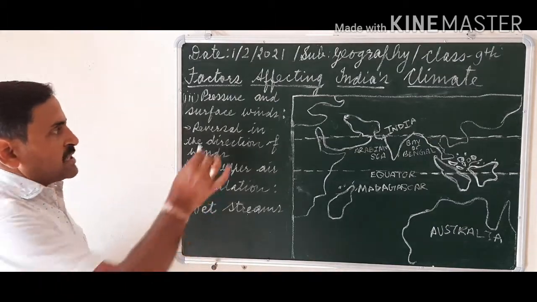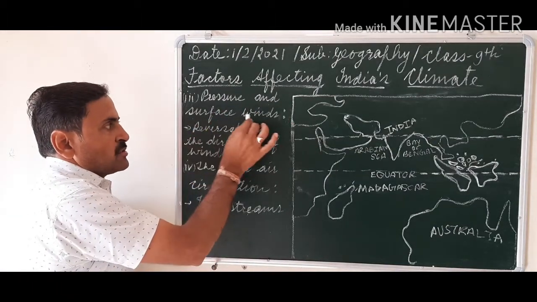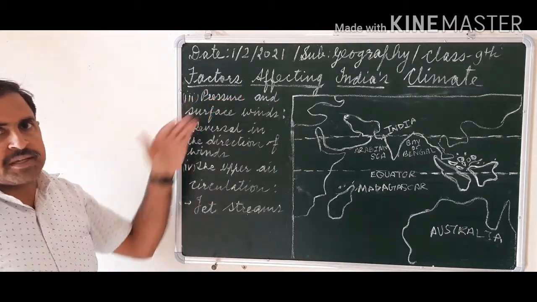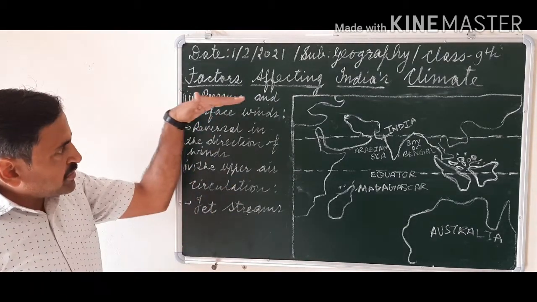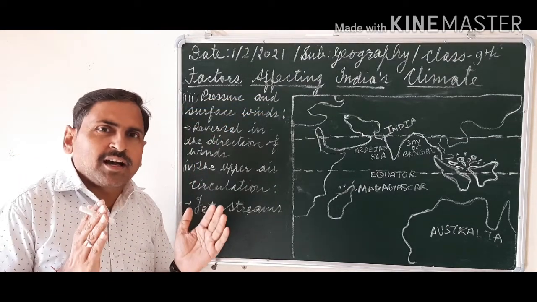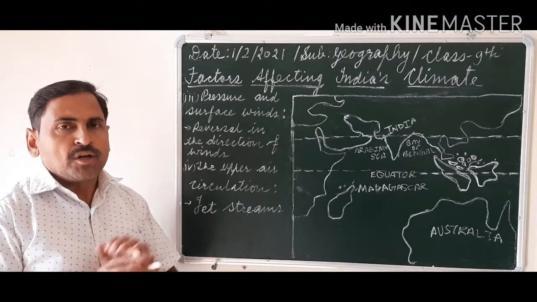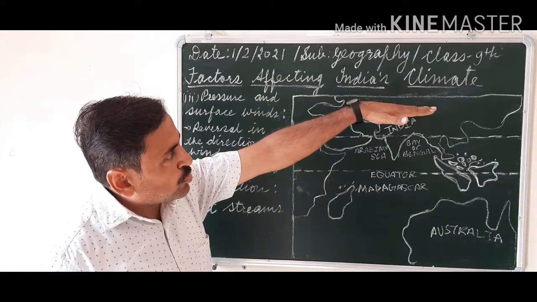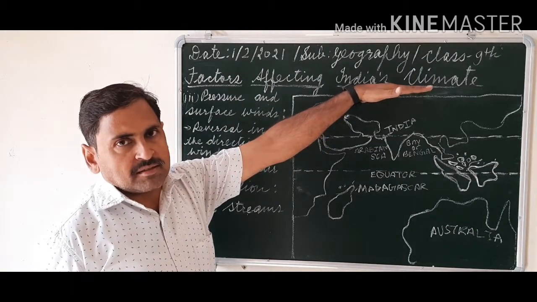Next, pressure and surface winds. Pressure, here we are talking about the atmospheric pressure. The atmospheric pressure and the wind condition over India are unique. During winter season, there is a high pressure north of the Himalayas.